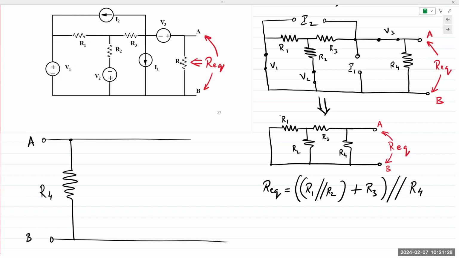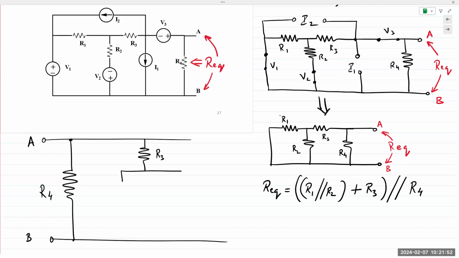Any questions about this? Okay, straightforward enough. So this is just the other technique that I use to find REQ. You have R4 connected between A and B. Then we have R3 also connected to A. R3 is connected to R1 and R2.